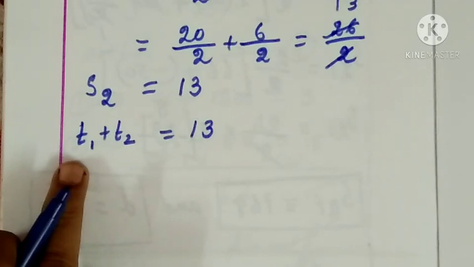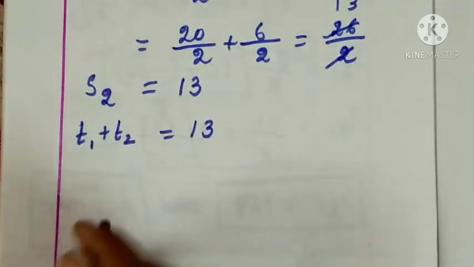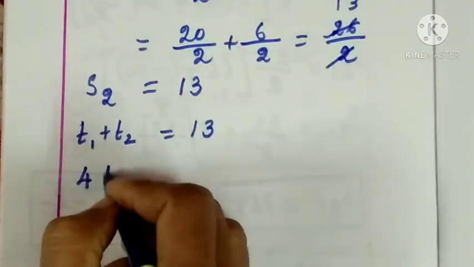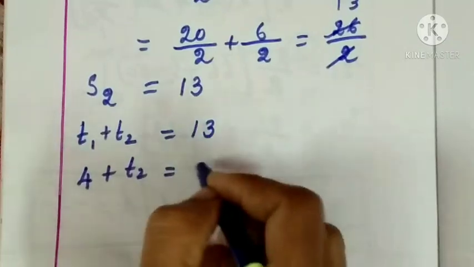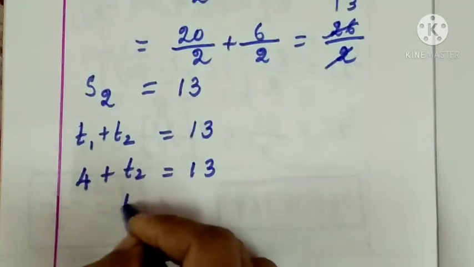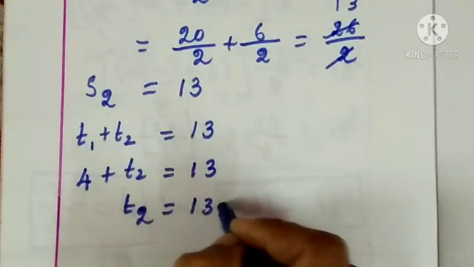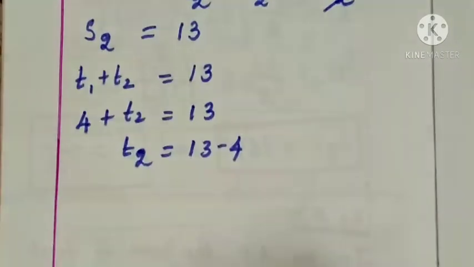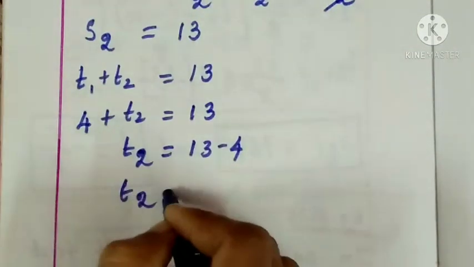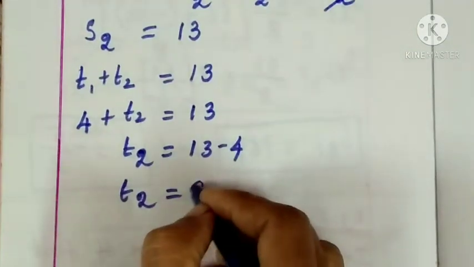In the previous step, we have the value of T1, that is 4, plus T2 is equal to 13. Therefore, T2 is equal to 13 minus 4, we get T2 is equal to 9.